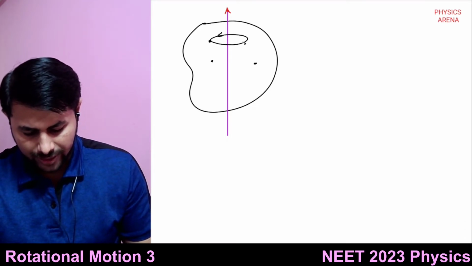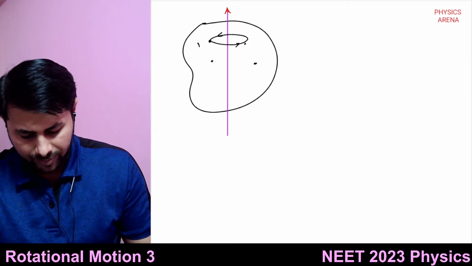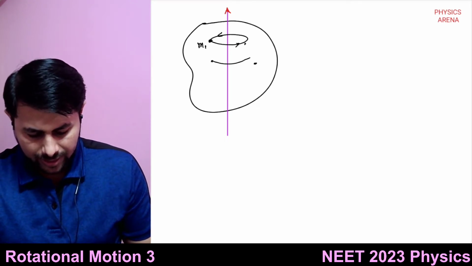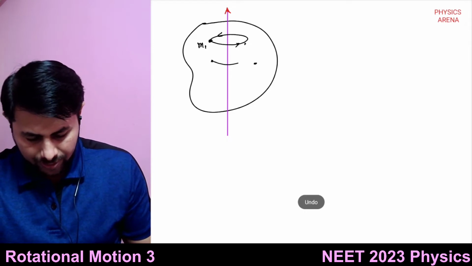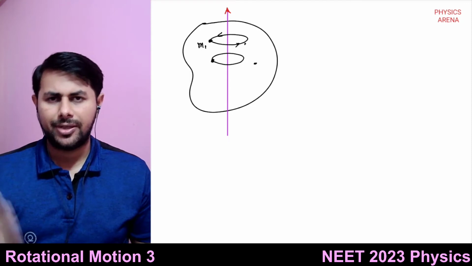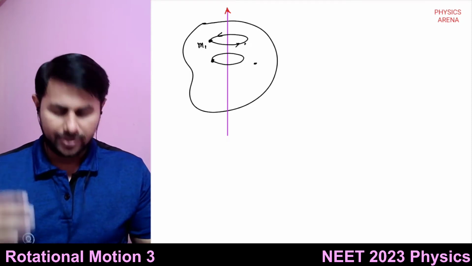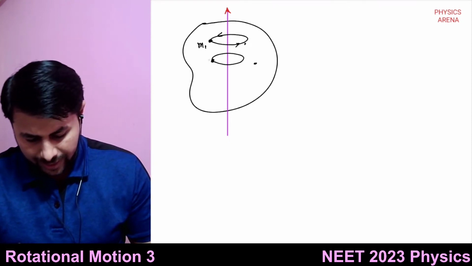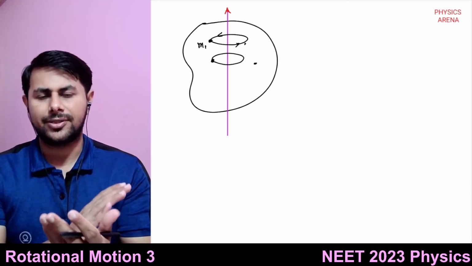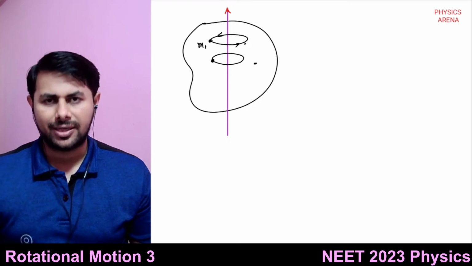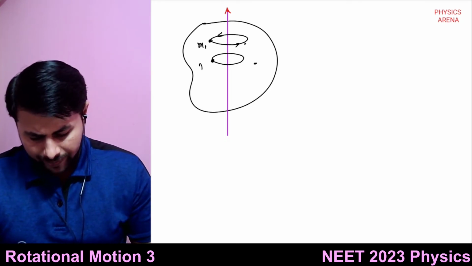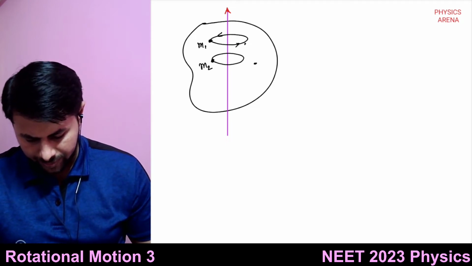This particle will revolve in this circle. Let's call its mass m1. For this particle, let's suppose it is m2. The radii of the circles will be small for some and large for others, right? But one thing is true: all the particles move through the same angle in the same amount of time. That means their angular velocity is the same, right?